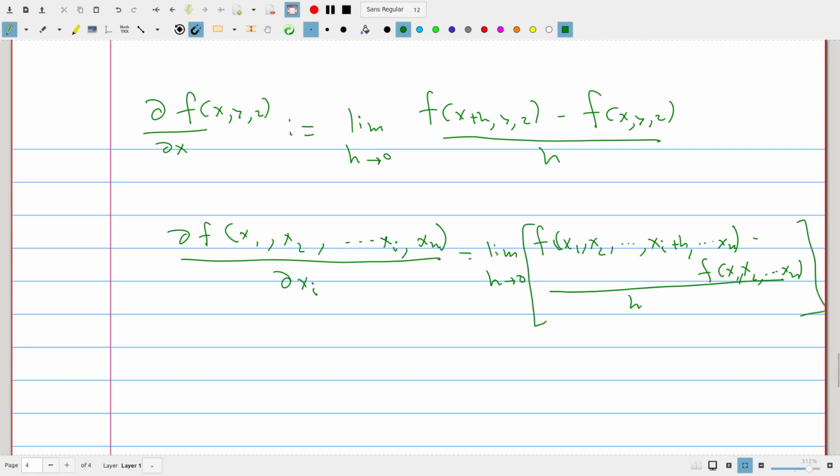So it's very intuitive and very trivial to extend the definition to functions of more than 2 variables. All right. So df over dxi, this is something we would call d sub i f.